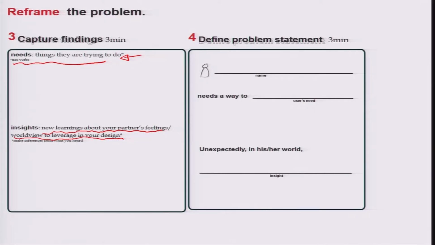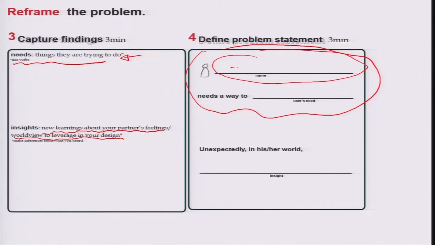And then you want to make this action statement, which says that so and so, write the name of your partner here, needs a way to do something, which is actually a verb here.